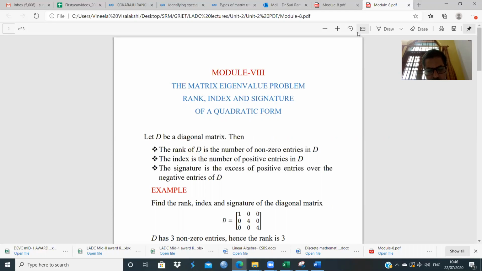If there are equal numbers of positives and negatives in D, then the signature will be 0. So signature can be negative, positive, or 0. Index has to be positive. Rank also has to be positive.